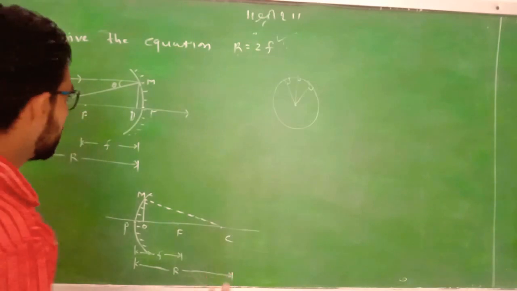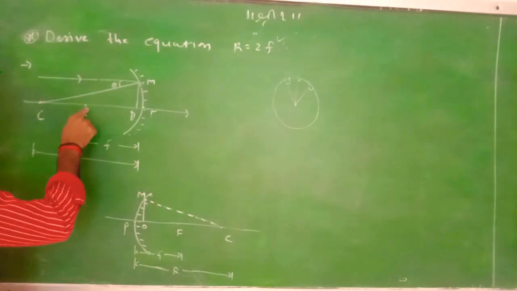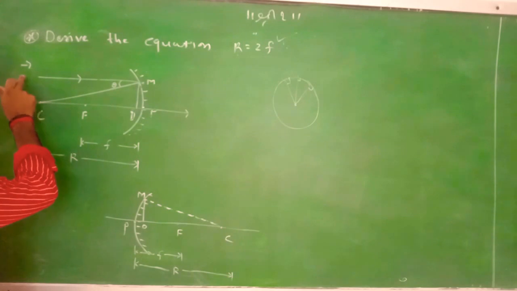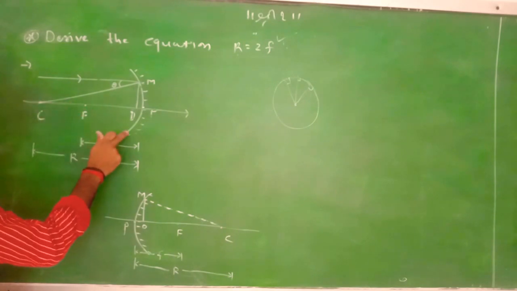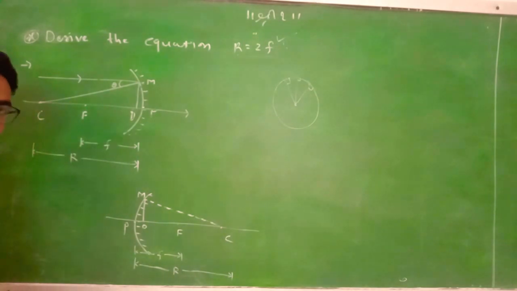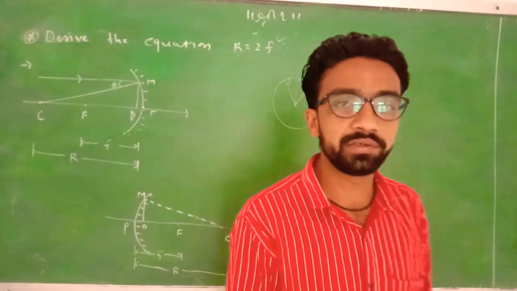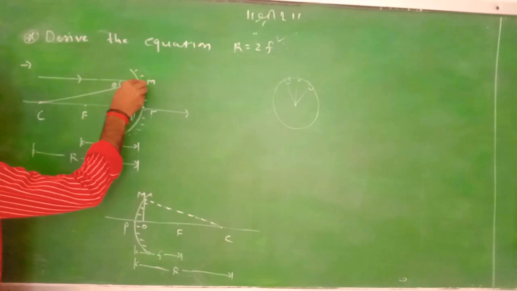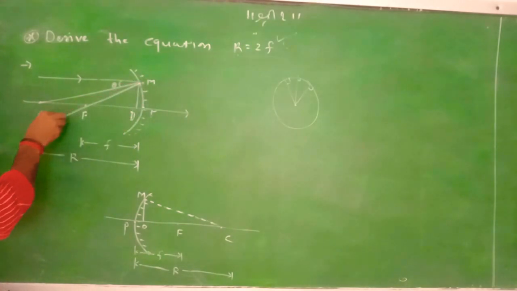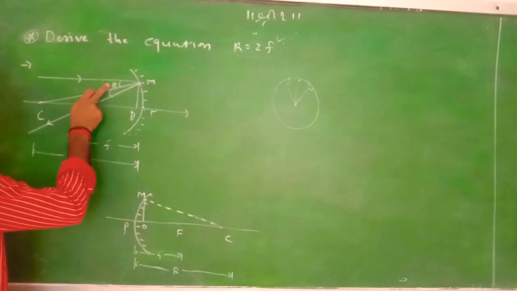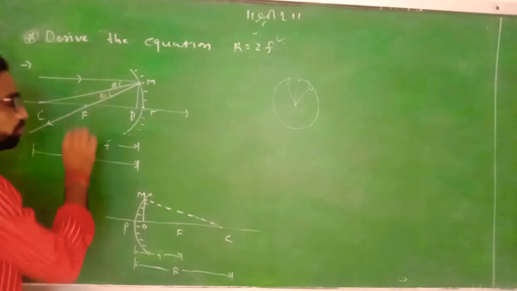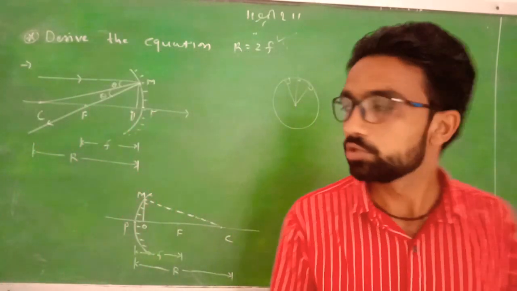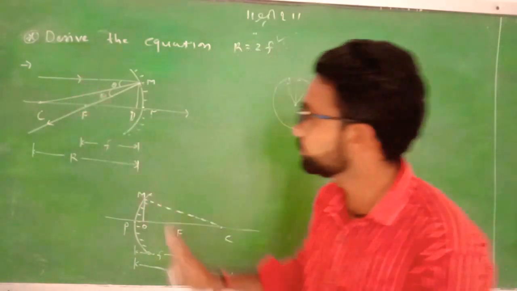We have considered three cases: when a ray is parallel, it passes through the principal focus after reflection, and when an incident ray passes through the principal focus, the reflected ray becomes parallel. We learned all this in tenth standard. So here, the ray is reflected and passes through the principal focus, and this angle is the same as the incident angle according to the law of reflection. So this is our reflected ray and this is the incident ray.